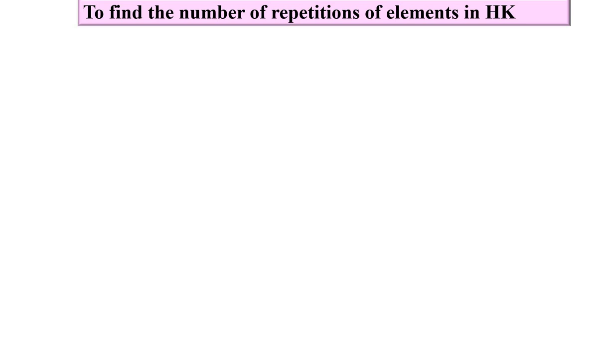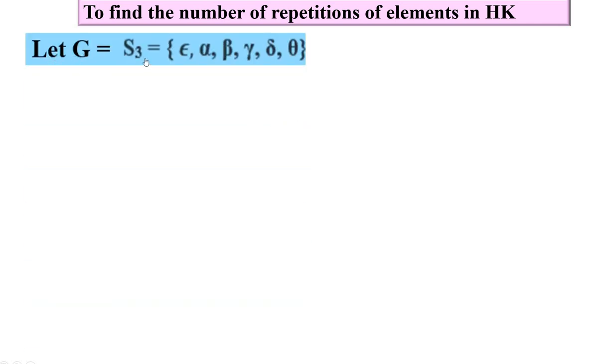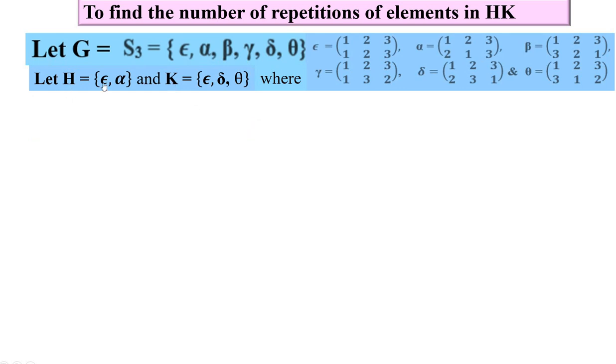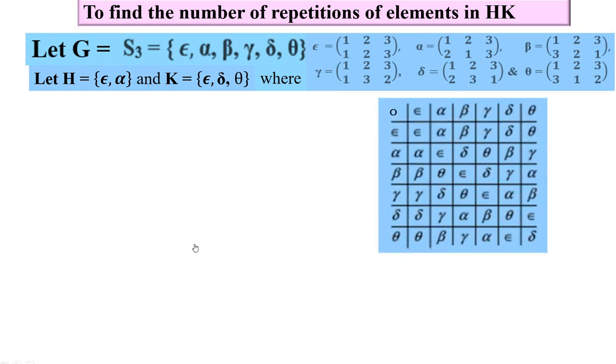It depends on what H and K you are considering in the given group G. Now suppose I consider G to be S3, which we are using repeatedly: epsilon, alpha, beta, gamma, delta, theta, being given in this way. In this we shall consider H to be epsilon alpha and K to be epsilon delta theta. Then we shall compute the product Hk with the help of this table.